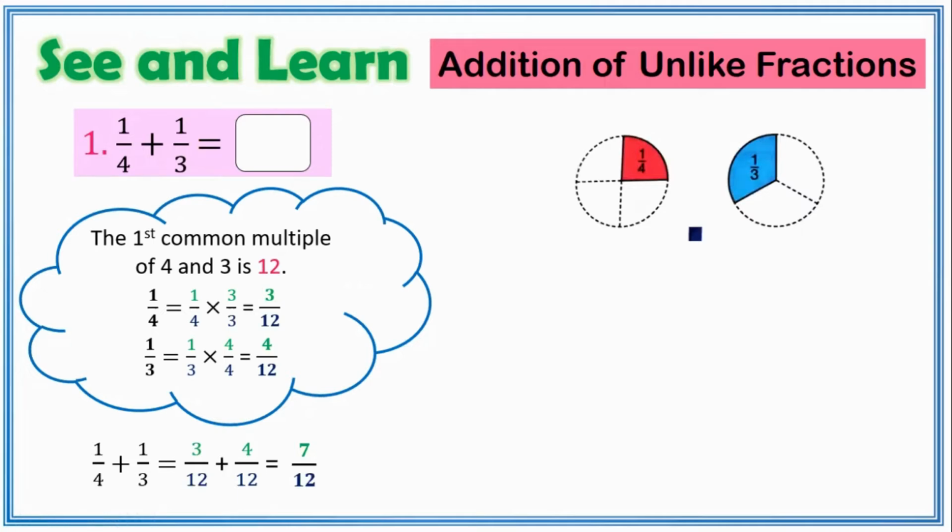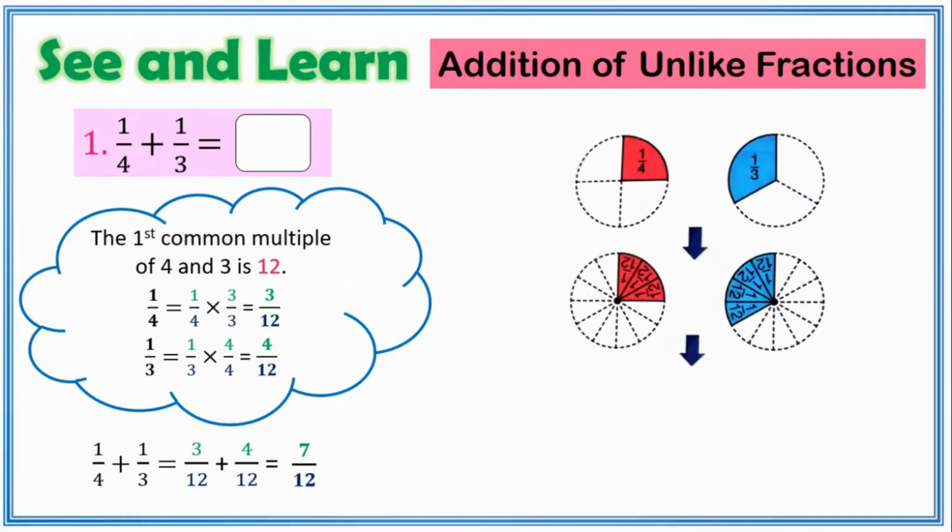By looking at this fraction disk, we can check whether our answer is correct or not. So this is 1/4 and 1/3. Since our first common multiple is 12, this must be divided into 12 equal parts.